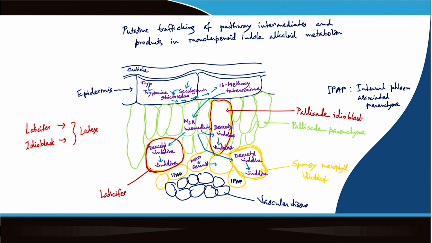Because the late steps of dimeric indole alkaloid or the monoterpene indole alkaloids are toxic to the cell itself. Therefore, deacetyl vindoline and maybe the subsequent vincristine, anhydrovinblastine, these are toxic to the cells. So, plant has developed specialized cells to accommodate these toxic metabolites, and these specialized cells are laticifer and idioblast, which contains latex, and these monomeric and dimeric indole alkaloids are stored in the latex, so that it is safe for the plant species as well.